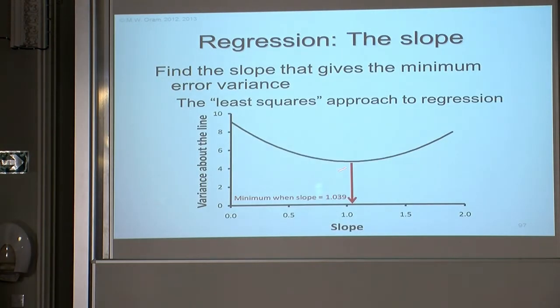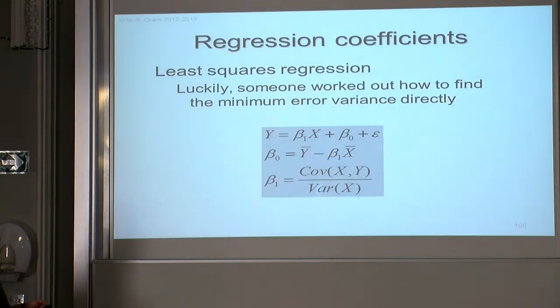So we want the minimum value, the least sums of squares, the least squares, and that's going to give us the slope. It'll be the best fitting slope when we define it as having the least variance about it, the least error term.